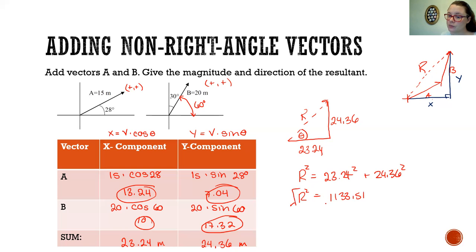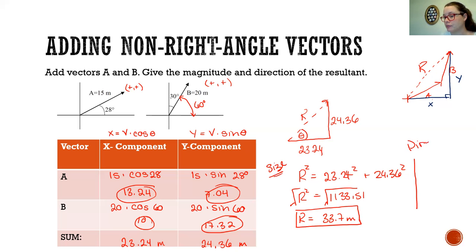Take the square root, and the resultant is equal to 33.7 meters. So that's the length of our vector. It's not quite our final answer, but it's the length of the vector. So that's our size.